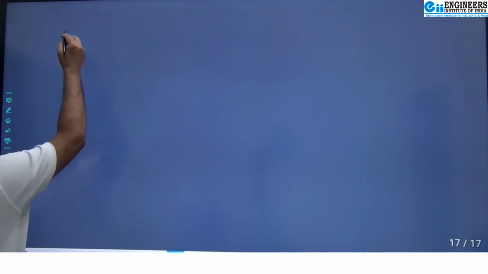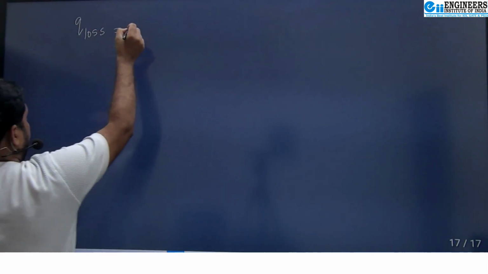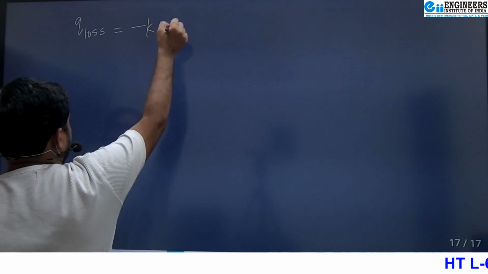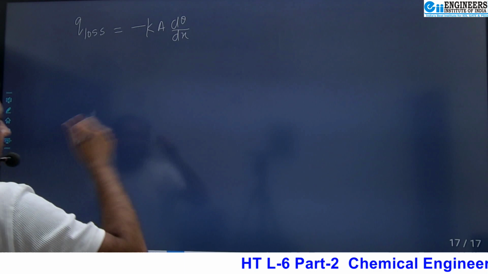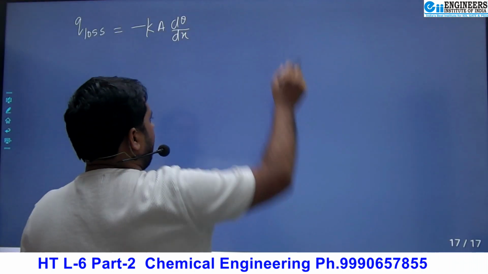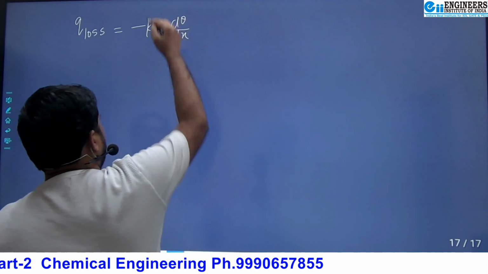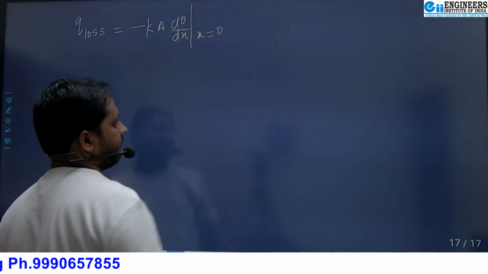Now whenever you want to find out Q loss, again you have to calculate K A d theta by dx, or K dT by dx, or because theta is T minus T infinity, you can directly use K A d theta by dx at x equal to 0. This is our Q loss.